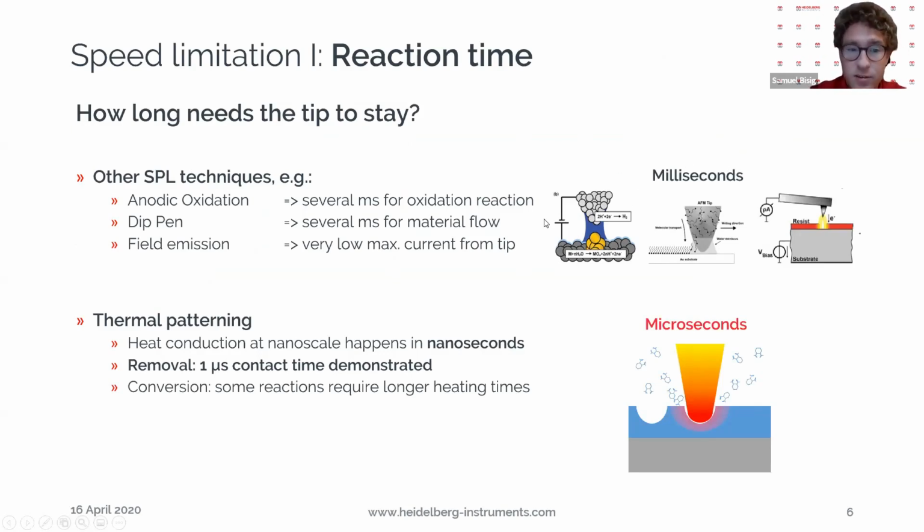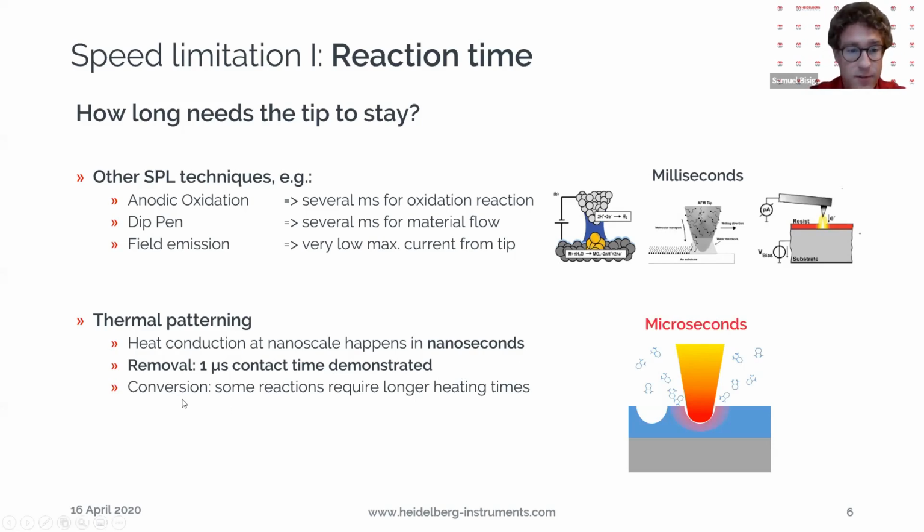When we compare it to our thermal SPL patterning, the heat transport itself already happens in nanoseconds, but we need a certain contact time to trigger the decomposition of our resist. But we are not in the milliseconds, we are a factor of 1,000 faster, with microseconds of time.